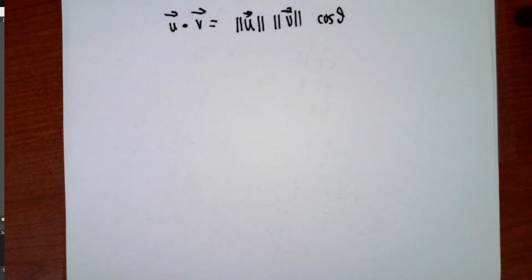This means that if u dot v is positive, cosine theta is positive, and if negative, cosine theta will be negative. Since we're taking theta to be between 0 and 180 degrees, if I just know the dot product of the 2 vectors, I can tell you something about the angle between them.